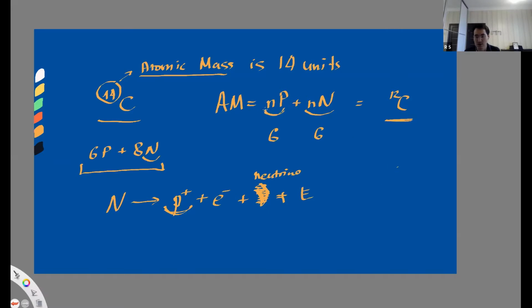Because of the change of the proton number, this nucleus becomes another element. So from 6 it becomes 7. And you know that the 7th element in the periodic table is nitrogen. And since the number became 7 protons, and this neutron decayed, the number of neutrons will be 7 too. So this is carbon-14 and nitrogen-14.